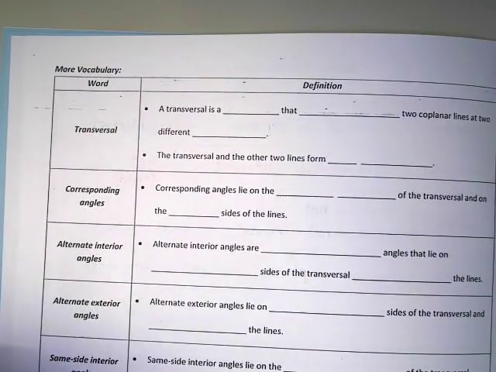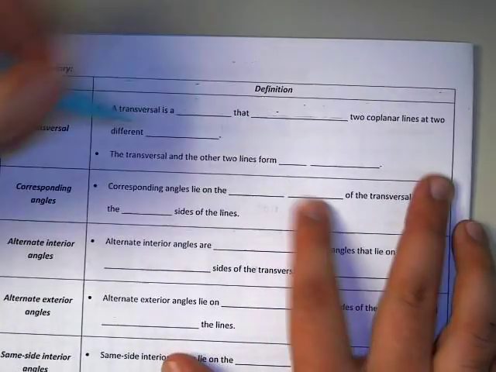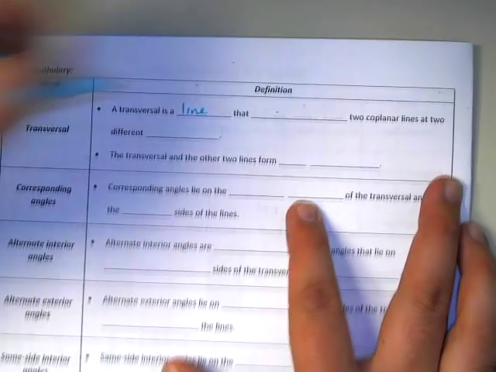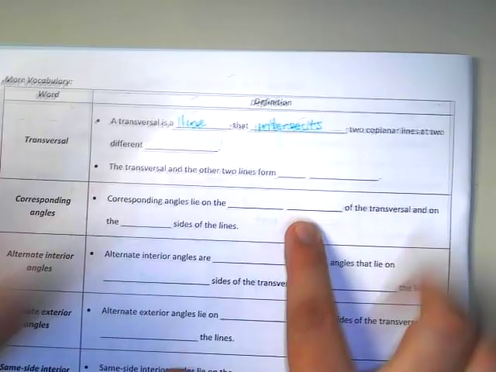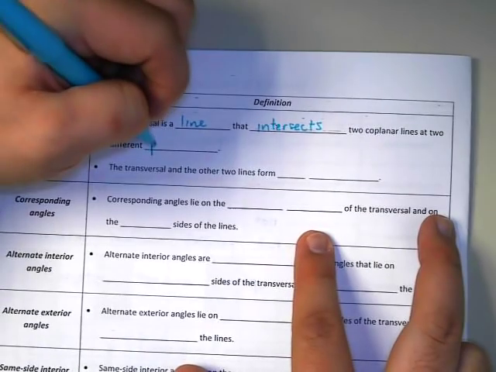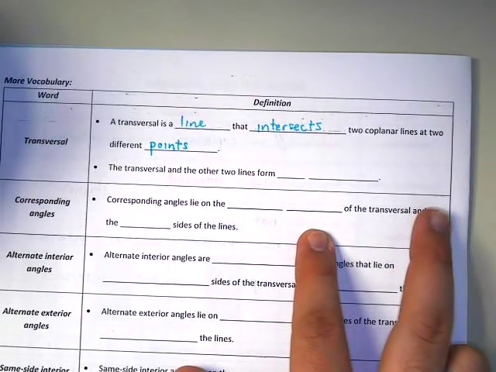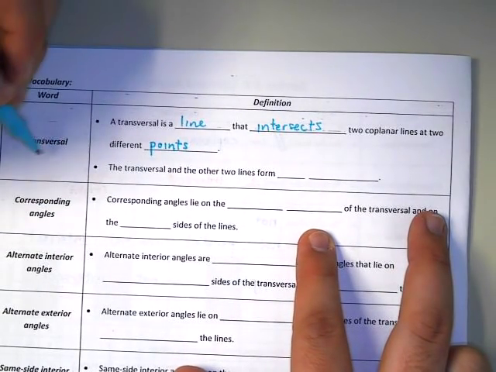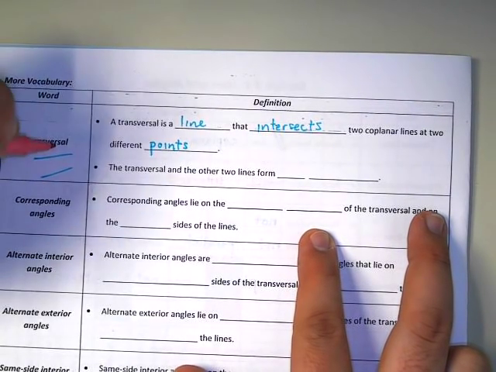A transversal, when we're talking parallel lines, or anything for that matter, is a specific type of line that intersects 2 coplanar lines at 2 different points. All right. So if I was going to sketch a picture of that, maybe here are my coplanar lines, and here's my transversal.